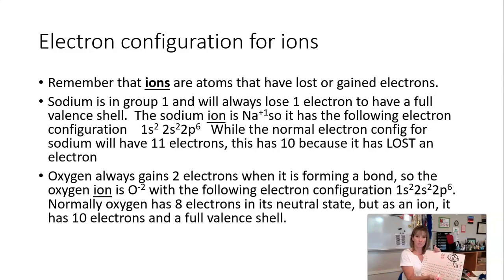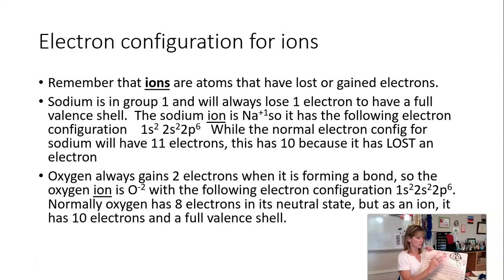All right? What has 10 electrons? Neon. So the electron configuration for this oxygen ion, oxygen with a -2 charge, because it's got 2 extra negatives, will be 1s2, 2s2, 2p6.